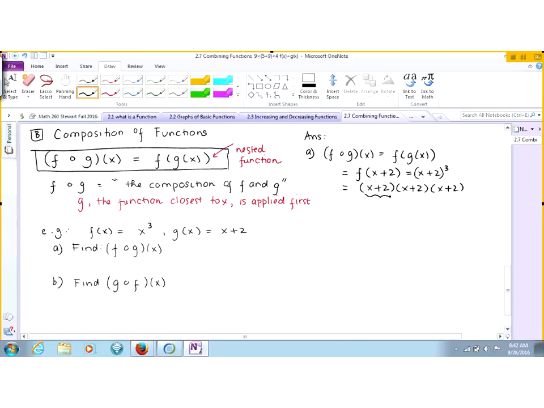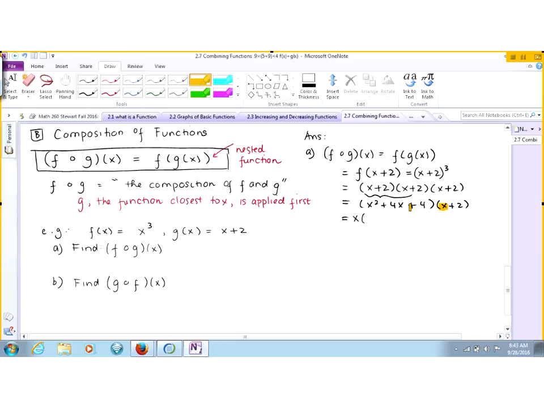So let's multiply these first. What is x plus 2 squared? x squared plus 4x plus 4 times x plus 2. Then what? I'm going to distribute the shorter one.